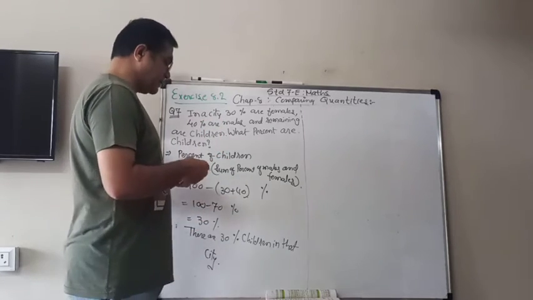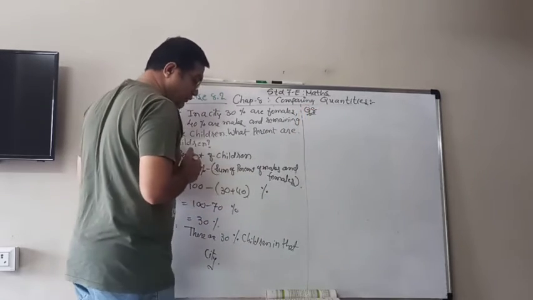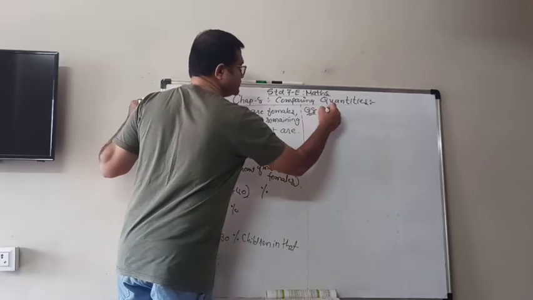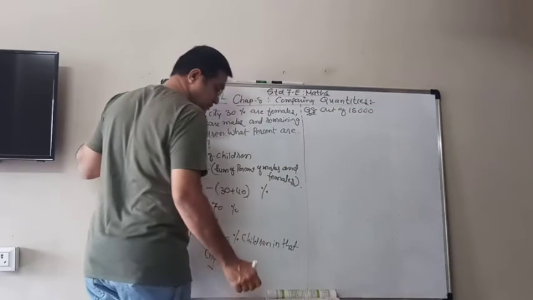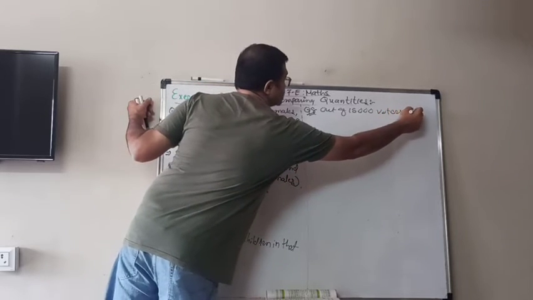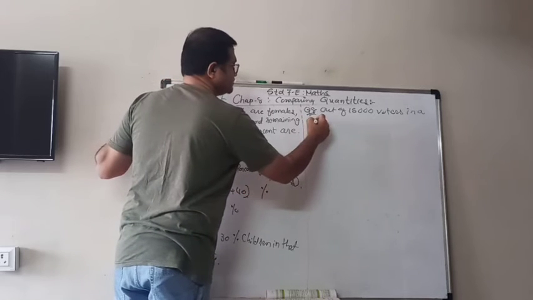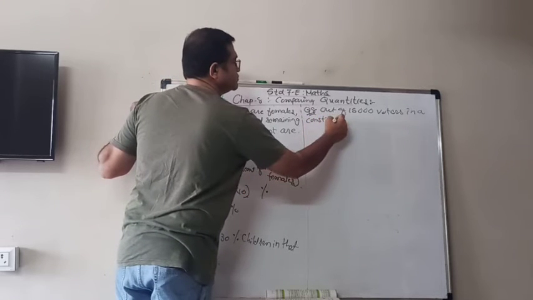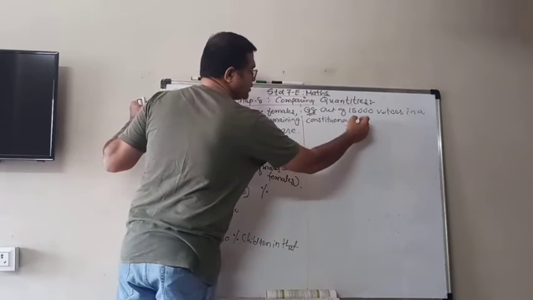Now question number 8. Out of 15,000 voters in a constituency, 60% voted.